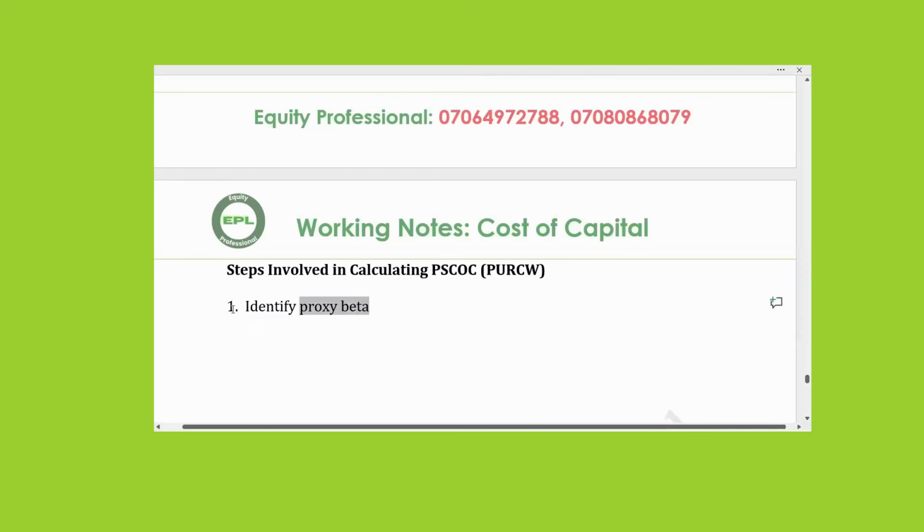Any other name that you see thereafter will then represent the proxy company. You then check the financial statistics of the proxy company. You are going to see the beta value there. So just pick the beta. That means you have identified the beta.